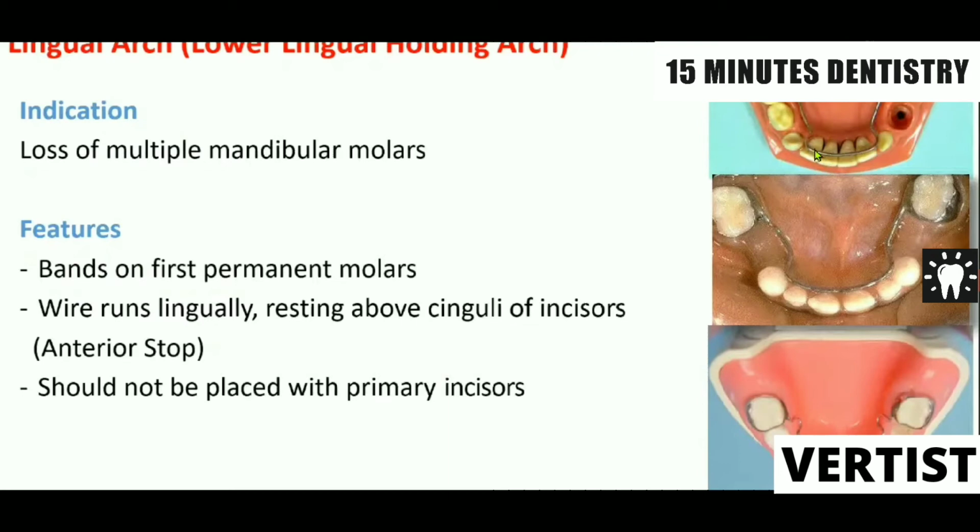This makes the anterior stop, and the objective of having this anterior stop is to prevent the mesial drifting of these molars. The objective of placement of lingual arch is to preserve the arch length, the arch perimeter, by preventing the permanent molars from moving mesially.